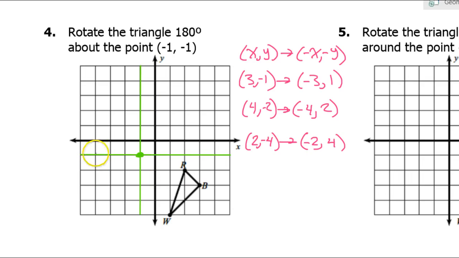So we have -3, 1 would be right here. -4, 2 would be right here. And -2, 4 would be right here.